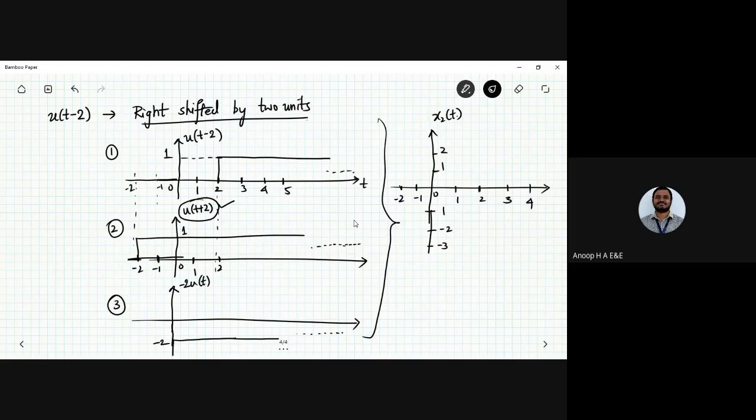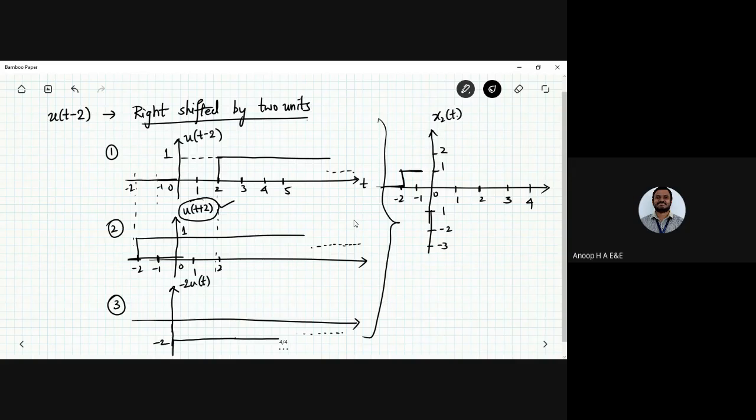So let me observe here, minus 2 to minus 1. There is no other signal. You are having an amplitude equal to 1 there. In other cases, as of now, minus 3, minus 4 and all, it will be 0.